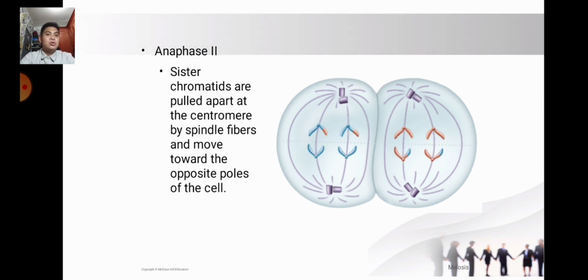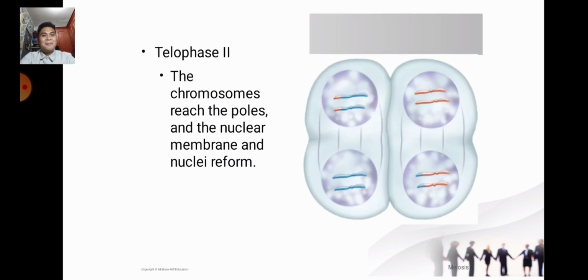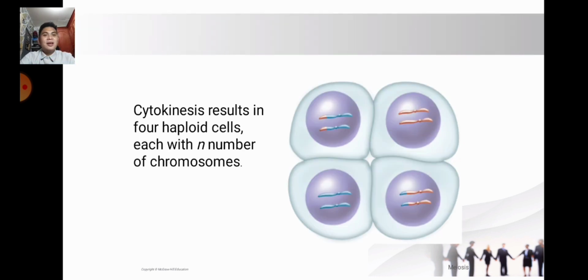In anaphase 2, sister chromatids are pulled apart at the centromere by spindle fibers and move toward the opposite poles of the cell. And in telophase 2, the chromosomes reach the poles and the nuclear membrane and nucleus reform. Lastly, cytokinesis results in 4 haploid cells, each with a haploid number of chromosomes.